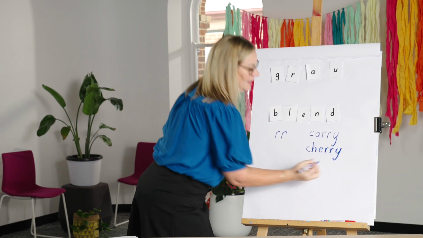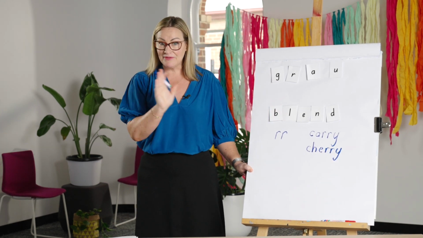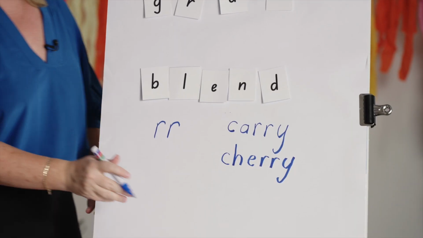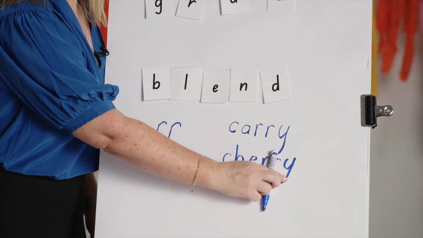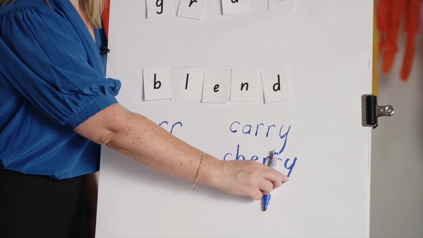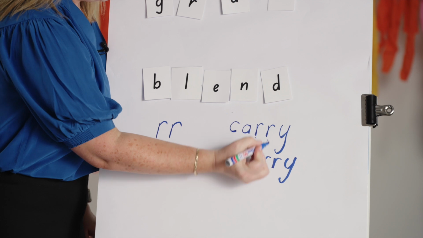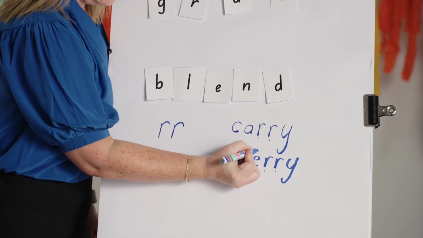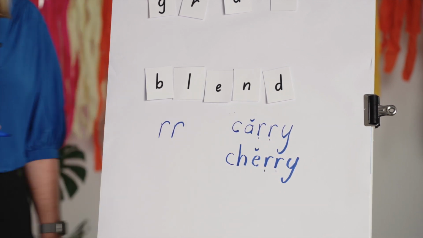Ch-e-r-e. Now, what would happen if I didn't have that double R there? It would look like it was an R controlled, and this would be cherry. Not the word, is it? The word is cherry. So we double this consonant to keep this vowel sound short.